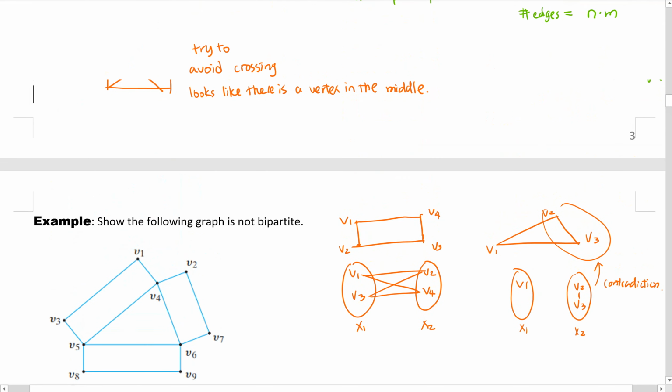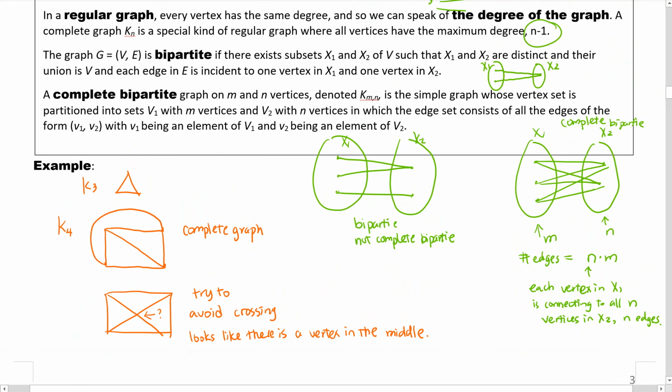Why is that? Let's go back to the definition of biparty. The graph is biparty if there exist subsets x1 and x2, and x1 and x2 are distinct. Distinct means they don't share common vertices. They have different vertices, and their union is V. Then each edge is incident to one vertex in x1 and one vertex in x2. So all the edges must be incident to one vertex in x1 and one vertex in x2, and those are all the edges.